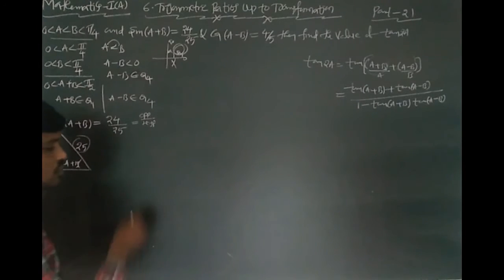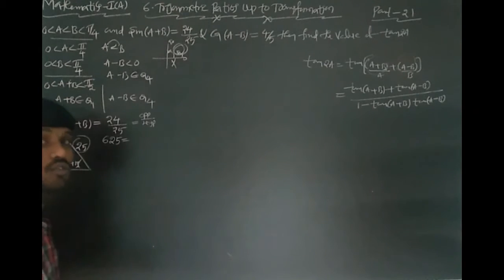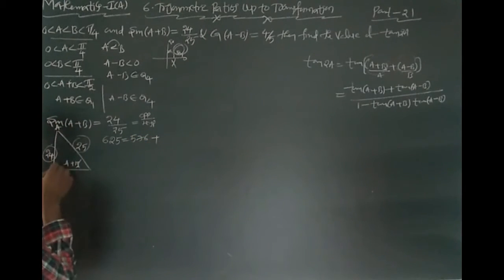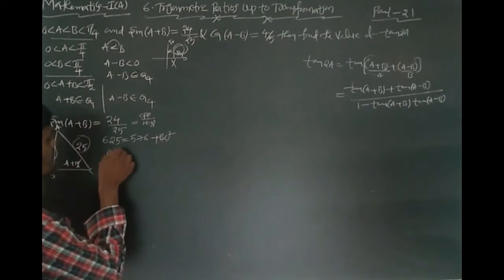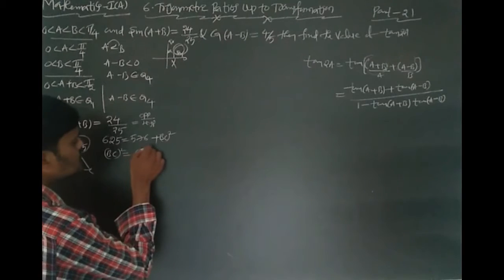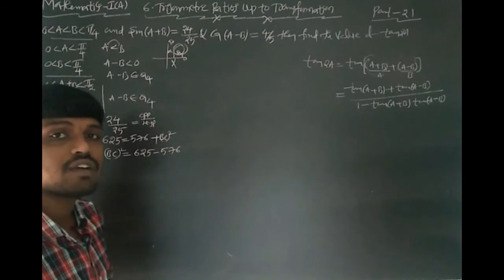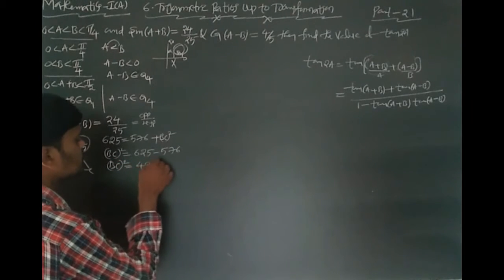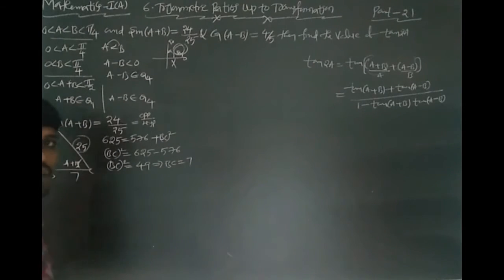Hypotenuse square is 625, which equals 24 square, 576, plus BC square. So BC square equals 625 minus 576, which is 49. Then BC value is 7.